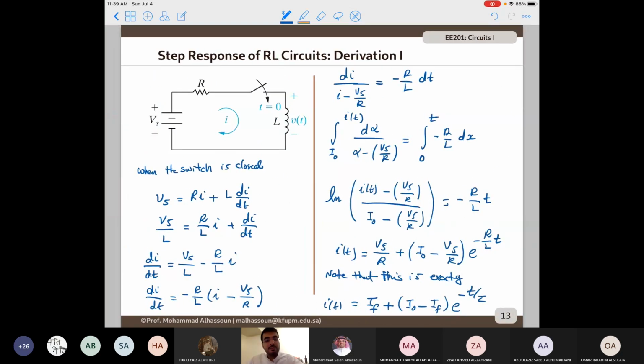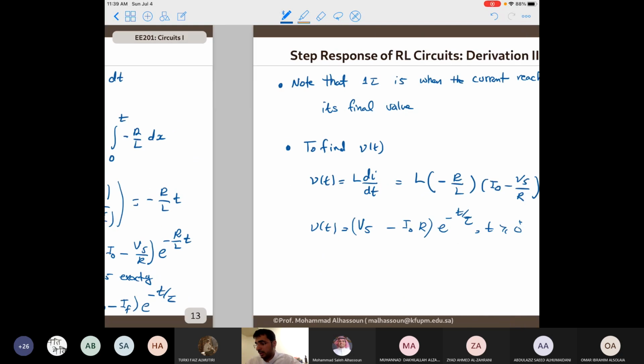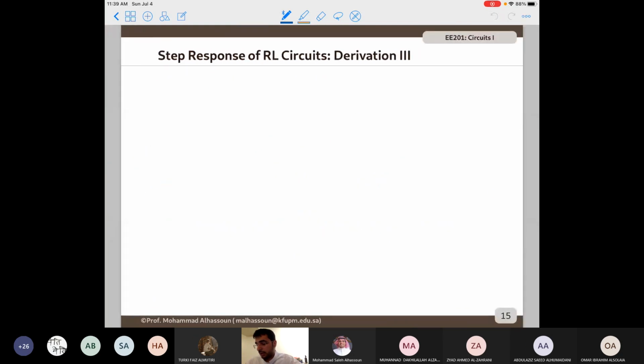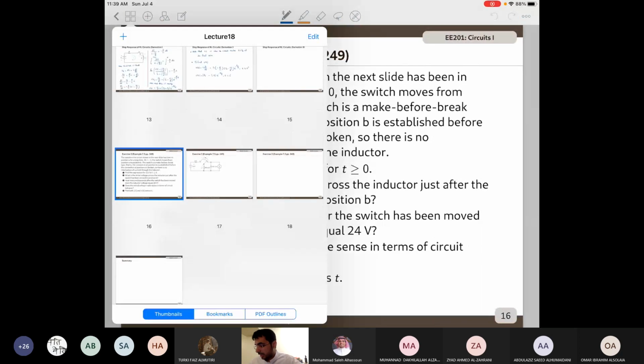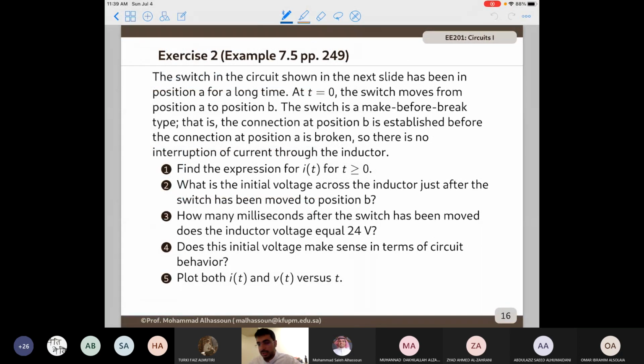We just need to find the initial value, the final value, and the time constant, and that should give us the correct expression for the current. So next lecture, inshallah, we'll solve an exercise on this. Then we move to the natural response or the step response of RC circuit.